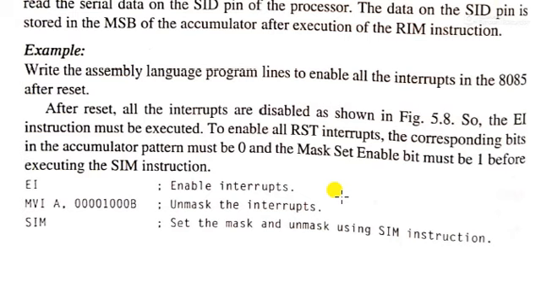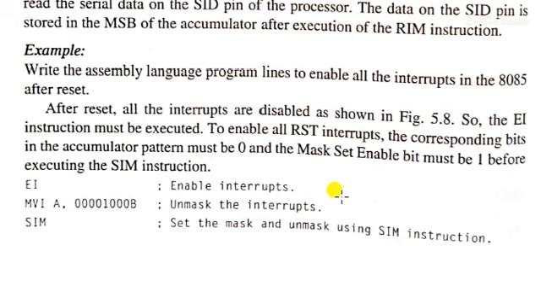I think the question is clear to all. In the program we have to check RST 7.5 only, and if it is not masked, we have to set the mask without affecting other interrupts.